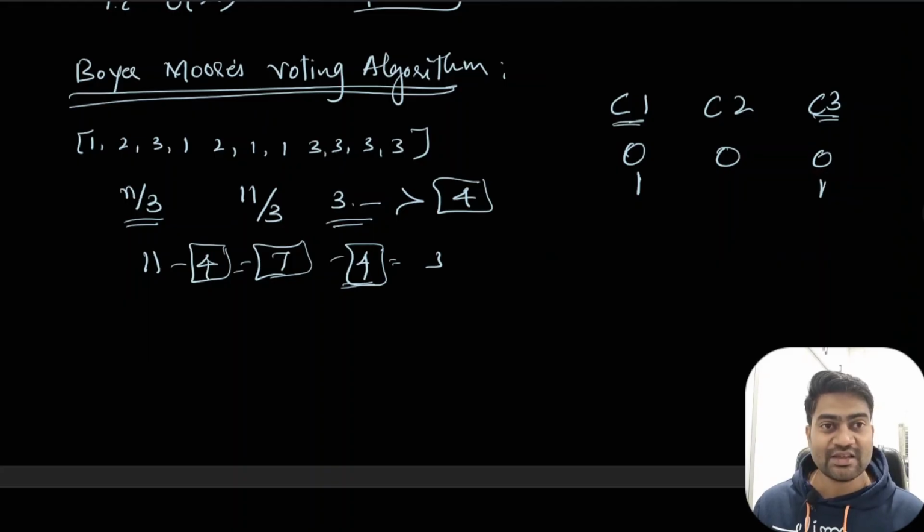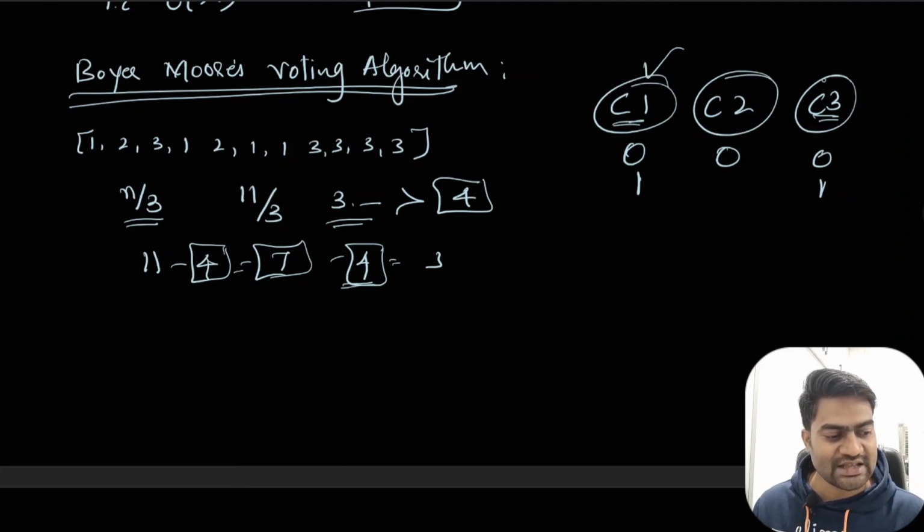Then if you see, the situation changed. Earlier C1 and C2 were the winners, but now C1 and C3 will be the winners. We will use this concept to come up with the solution for this particular problem. Basically we are trying to find the relative votes with which a candidate wins.